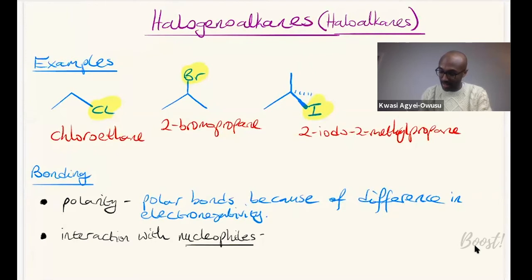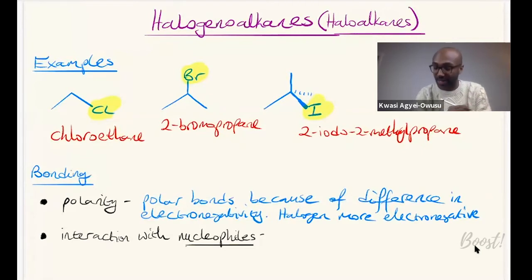Okay, so halogen more electronegative than carbon. As a result of this difference in electronegativity, you're going to have dipoles across the carbon-halogen bond, and these will be permanent dipoles. So you've got a delta plus on each of the carbons bonded to halogen, and of course a delta minus on each of the halogens.